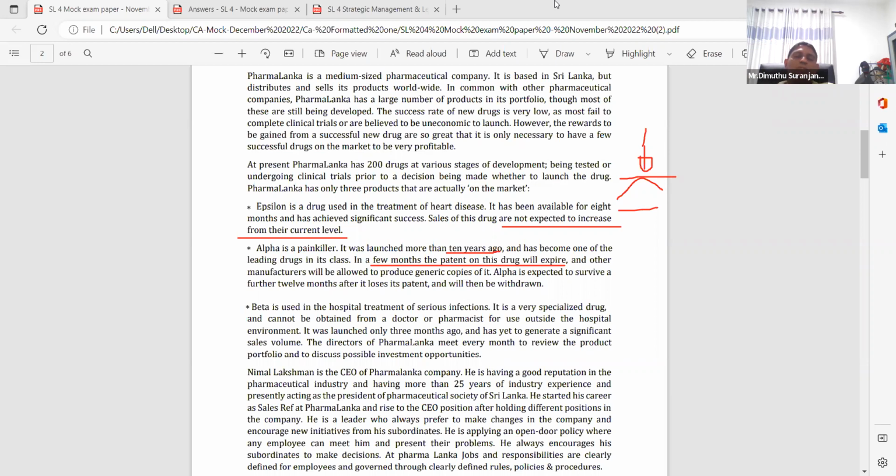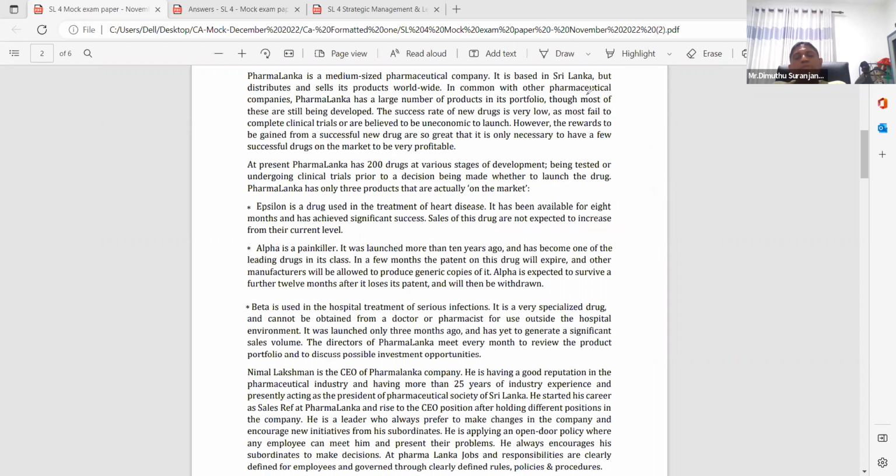Still, sales has not come down, no? So therefore, I still think this is in the mature stage. We'll check whether my point is correct later.